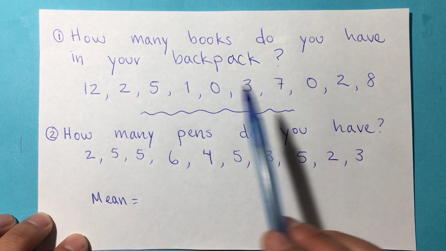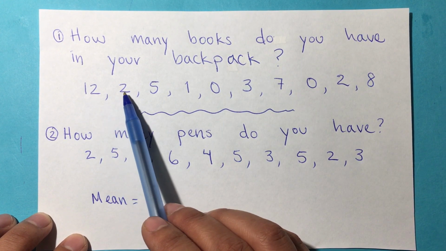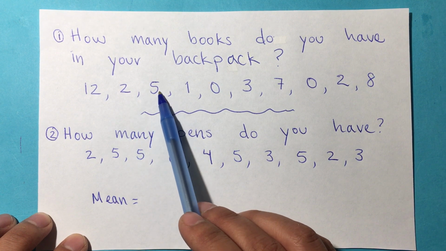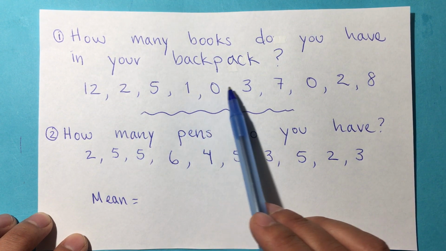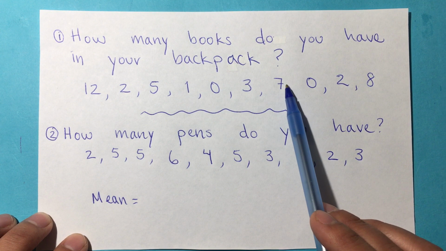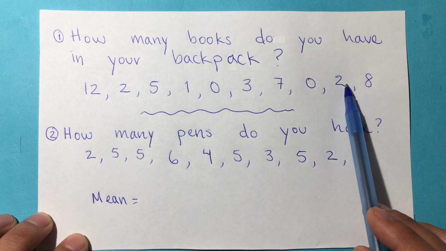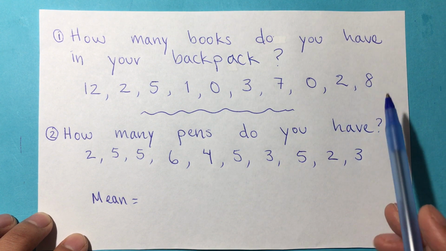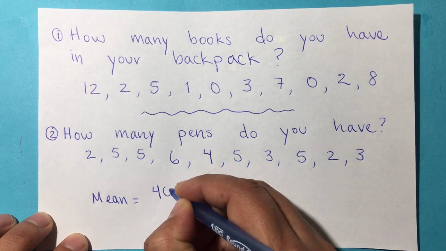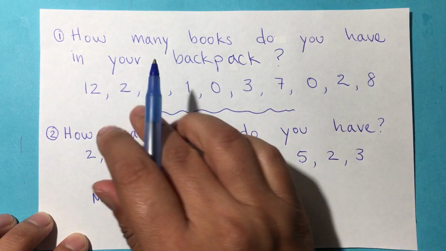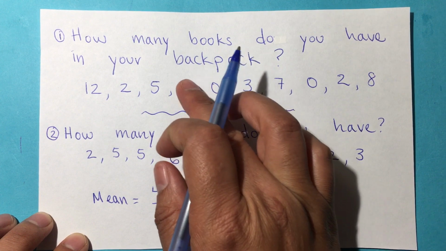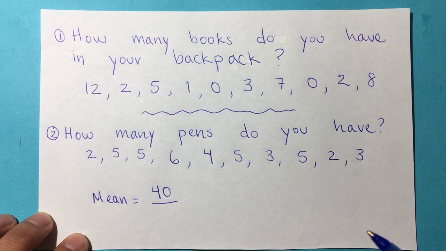These were the answers. If we add them, it is 12, 14, 19, 20, 23, 30, 32, 40. Notice how I skipped the zeros. If you add whatever you have here plus 0, you stay with that same number, okay?